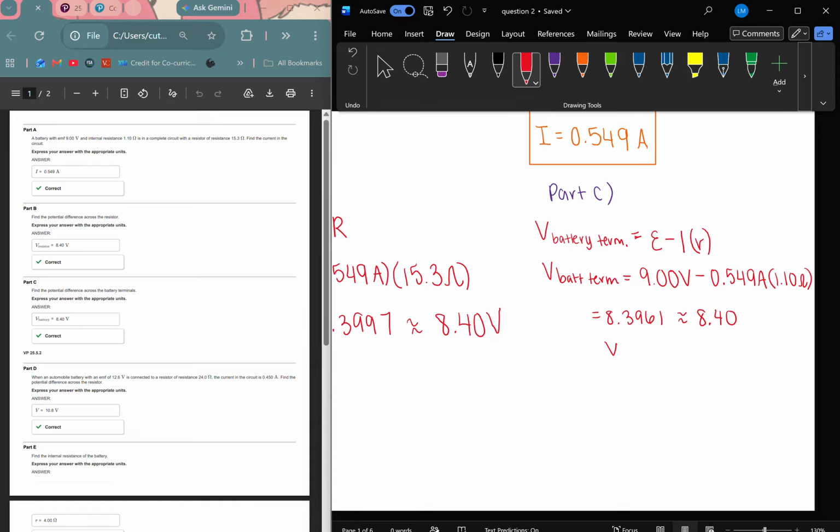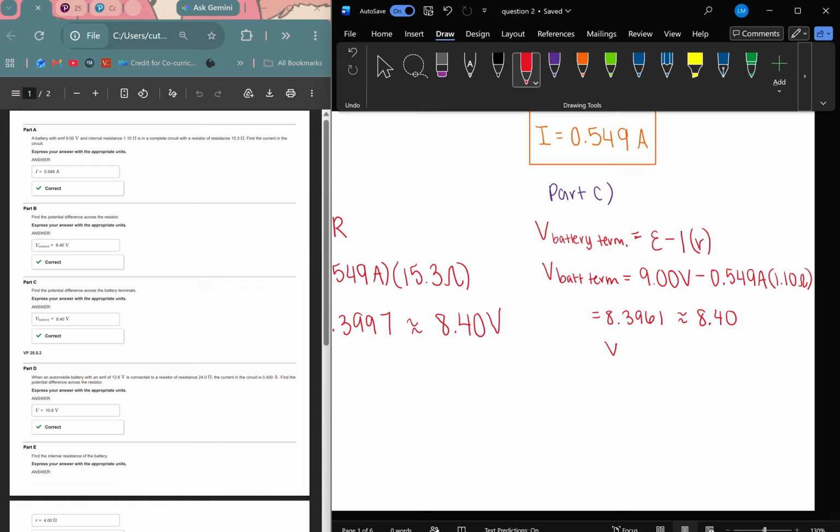Basically, when the current flows through the battery, some of the energy is lost across the battery's internal resistance. Because of that, the terminal voltage is always less than the electromotive force while the circuit is operating.